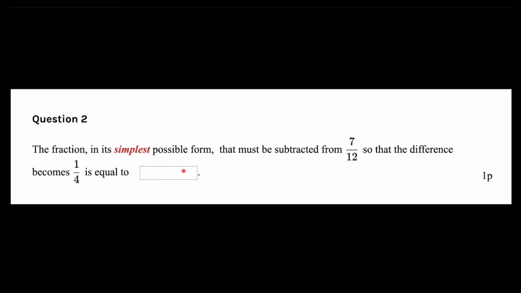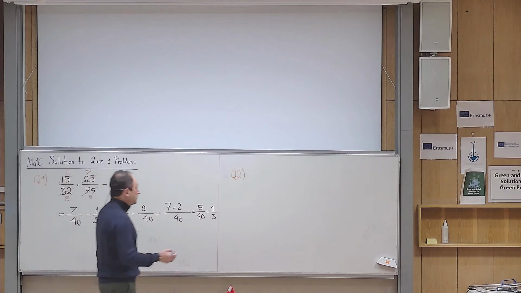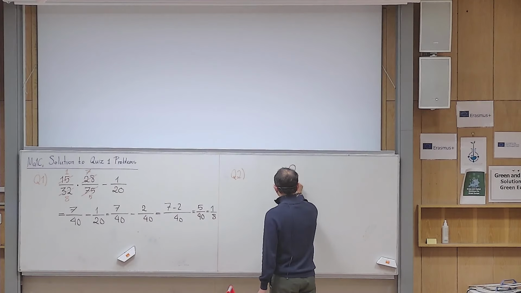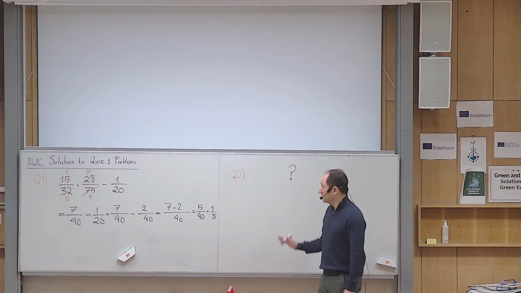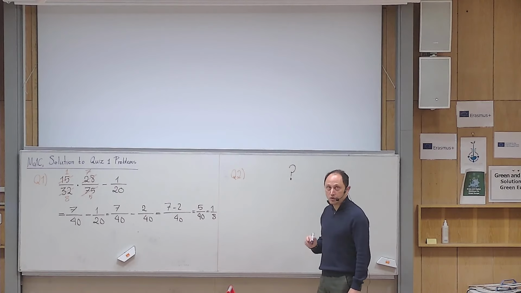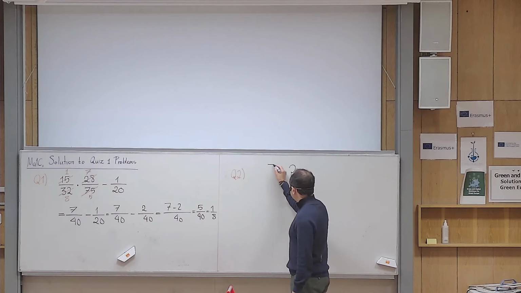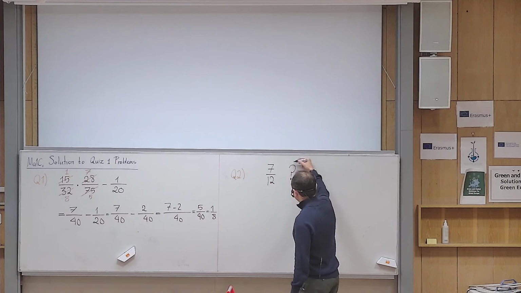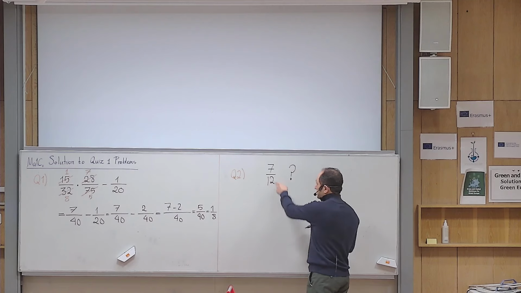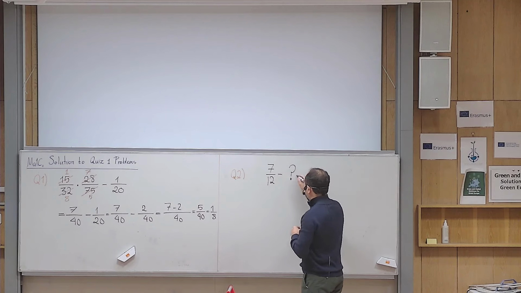Okay, so I am looking for a fraction. Let me put a question mark for that fraction so that if I subtract this fraction from 7 over 12, so this is the meaning. I want to find a fraction so that when I take this off from 7 over 12, the answer becomes 1 over 4.